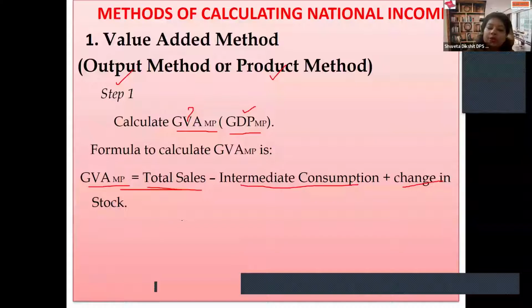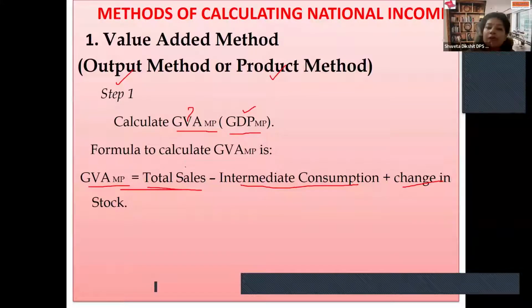Now, what is total sales? Here, sales means the domestic sales as well as the international sales. International sales here means exports. So whatever a producer is producing within the country or economy can now, after globalization, be sold within the domestic market and can also be sold beyond the domestic market in the form of exports.